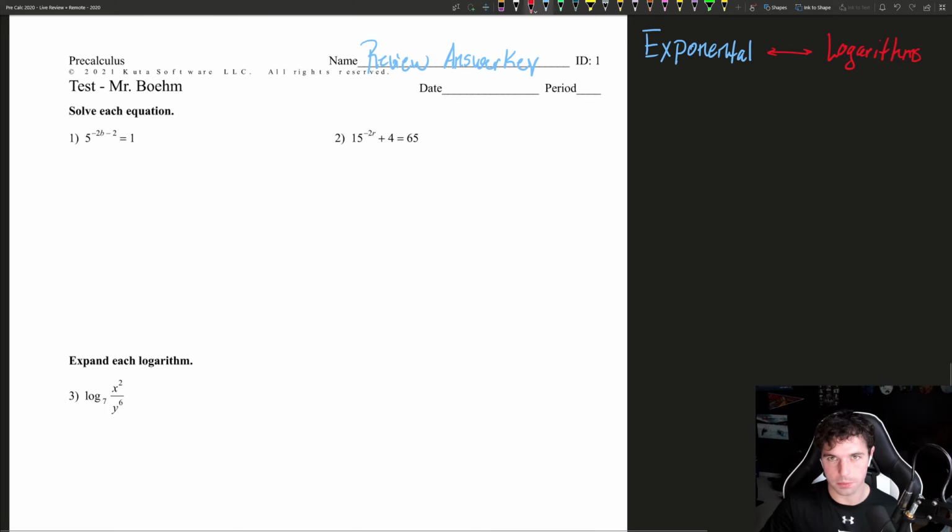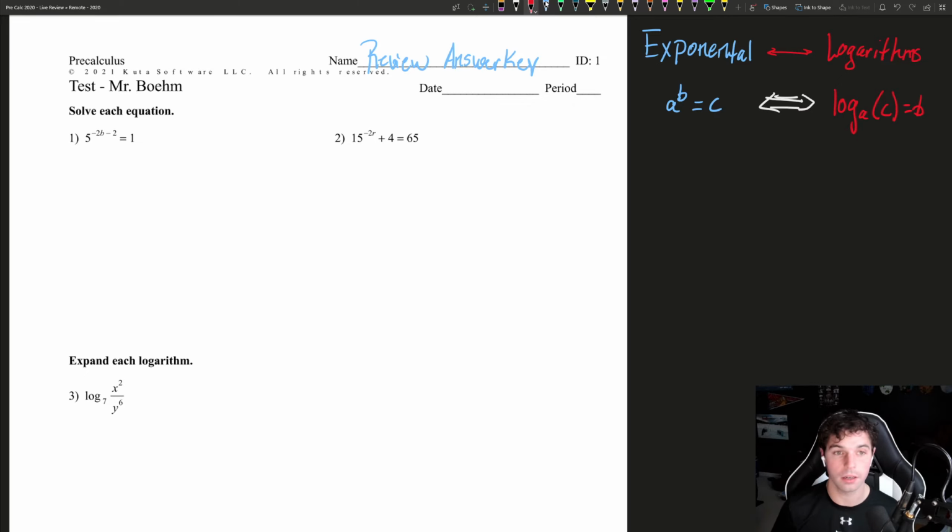Now, in an exponential, if we have a to some power b, and that's equal to c, that says the exact same thing as log base a of c is equal to b. These mean the same thing, but they're asking different questions.